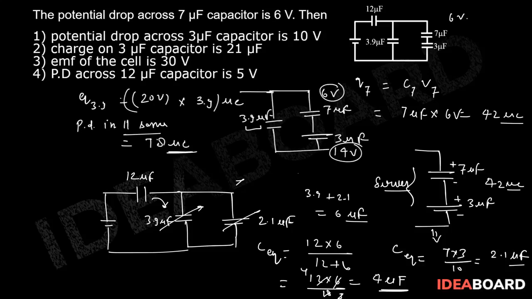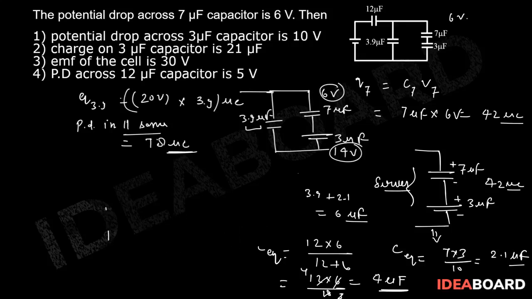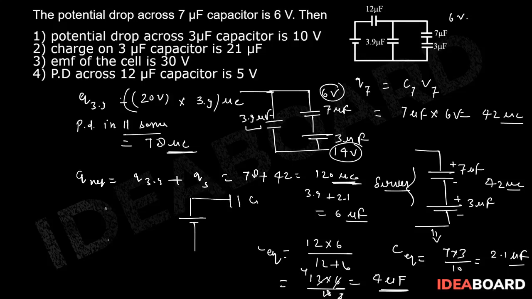So how much net charge did we get? The value of net charge, Q net, will be Q3.9 plus Q series. So the total will be 78 plus 42, which is 120 microcoulomb. Now you can finalize things. This is C equivalent, and there is one battery.